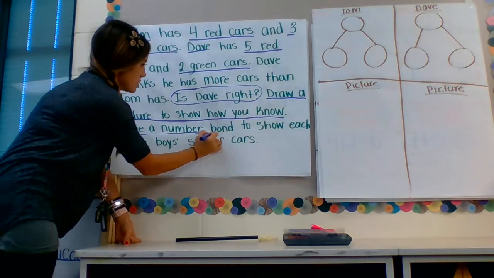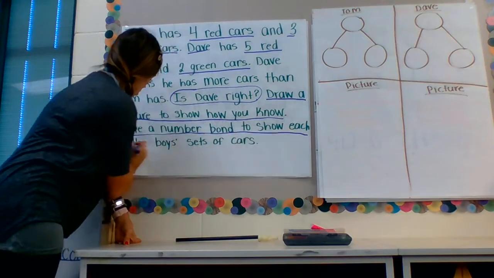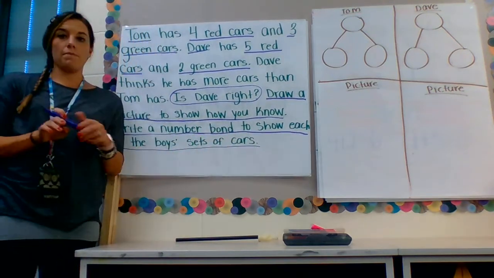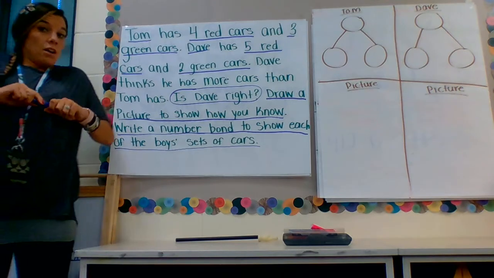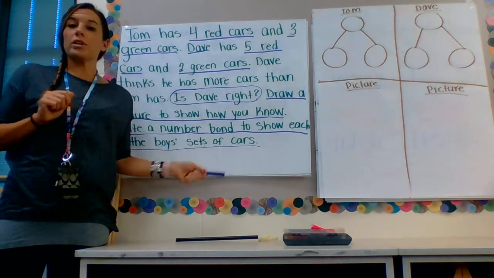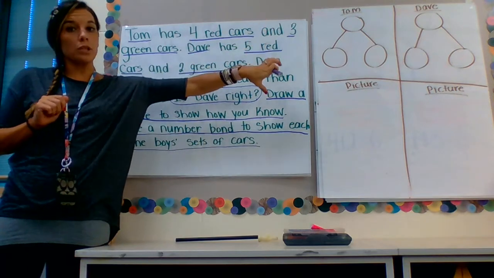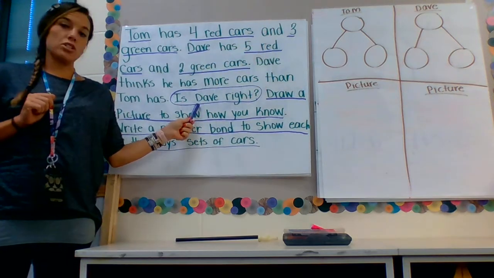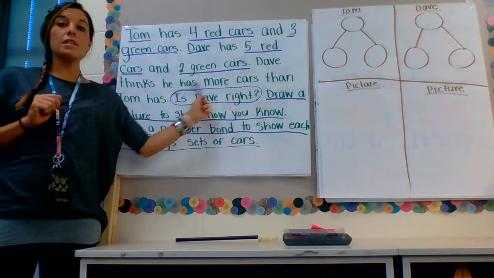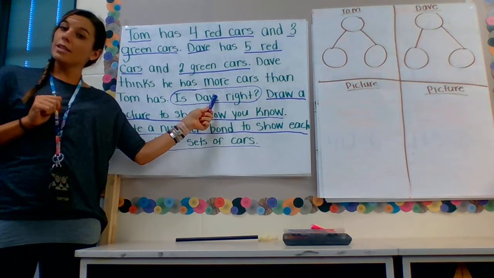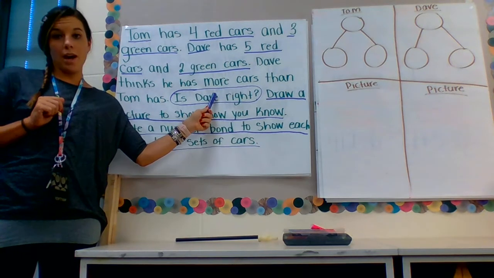Write a number bond to show each of the boys' sets of cars. Okay, so we found all the important information. Now we're just going to have to put it into work so we can answer their question, because ultimately they want to know, is Dave right? Does he really have more cars or not?